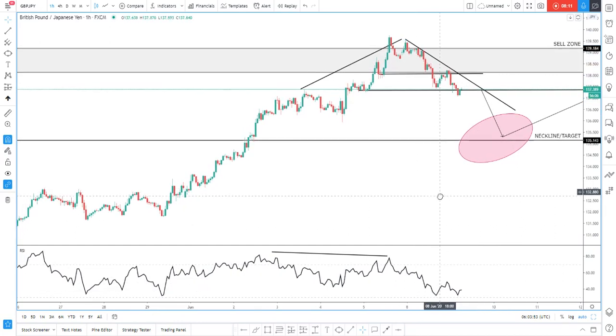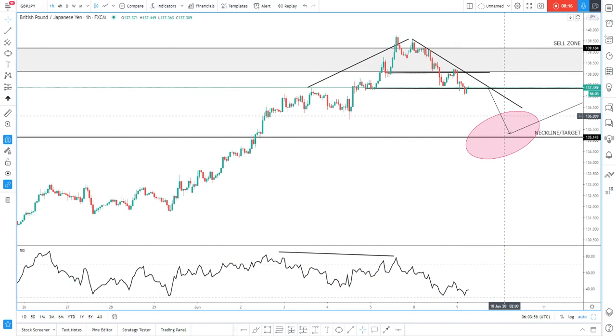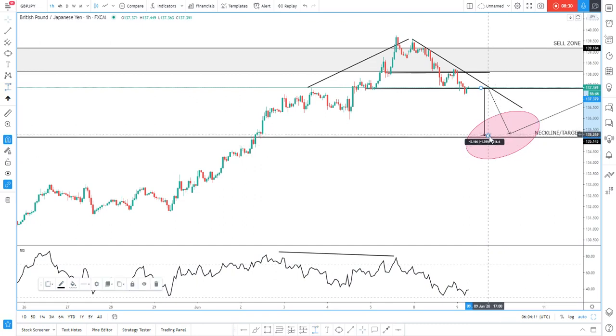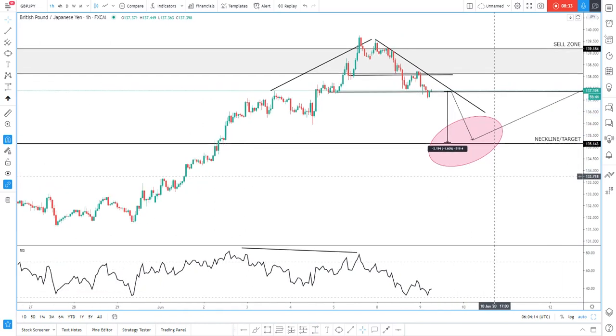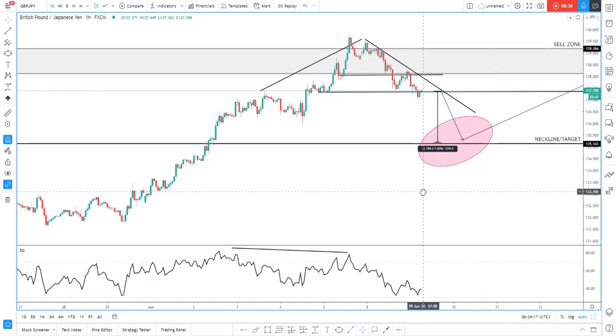So if you want to take the short position, yes you can, for it's still about 200 plus pips to catch to the neckline, and you've got a whole amount of pips to catch if it moves to the upside.